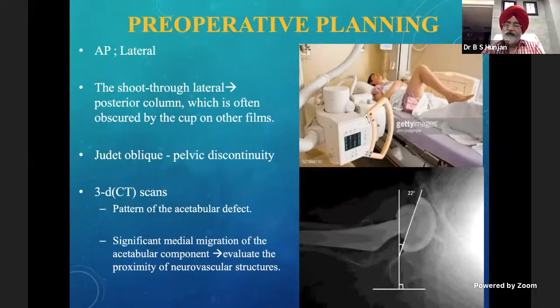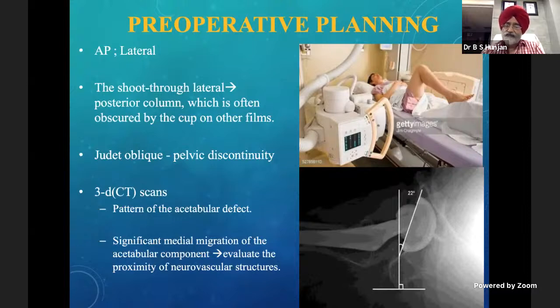Now, when we start the surgery, we go for preoperative planning, and the planning is that we should take X-rays in the AP and lateral view of the hip. One shoot-through lateral view is very important because this tells us about the posterior column, which is often obscured by the cup on the other side.